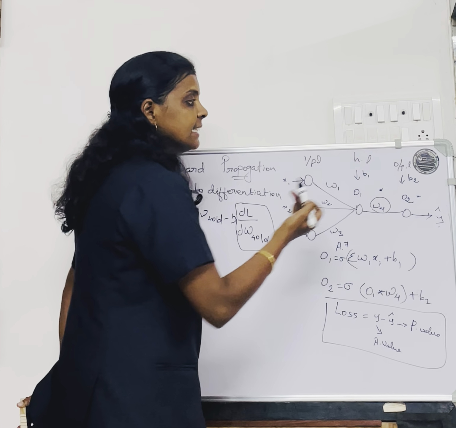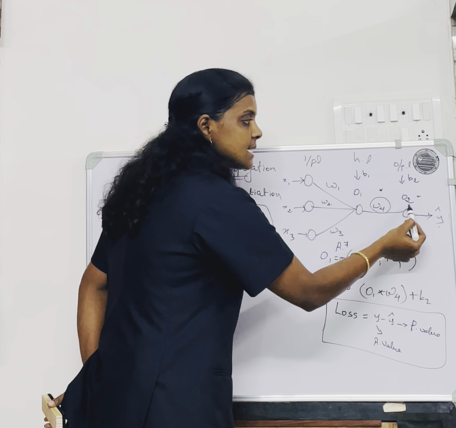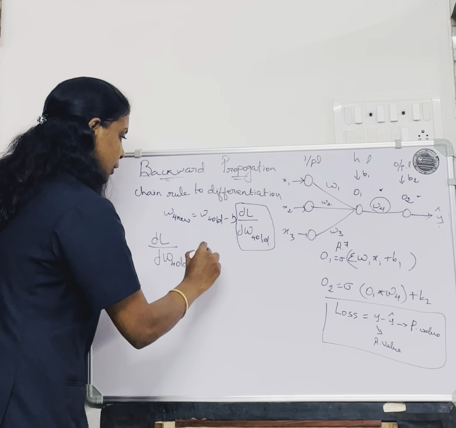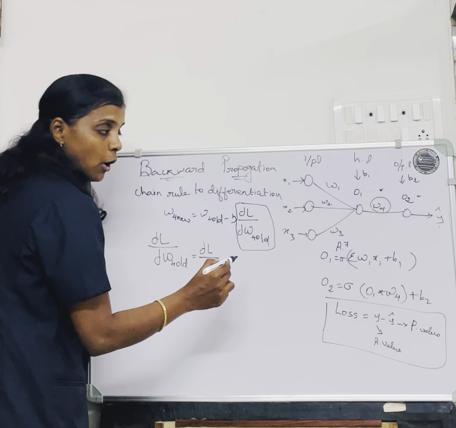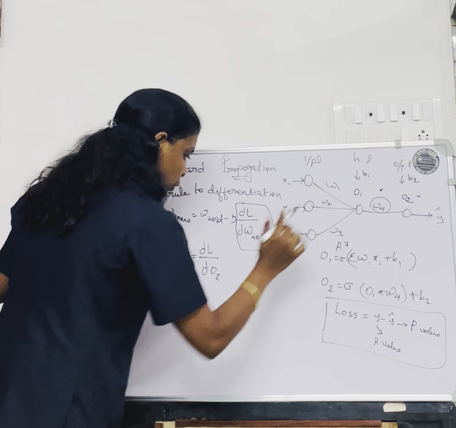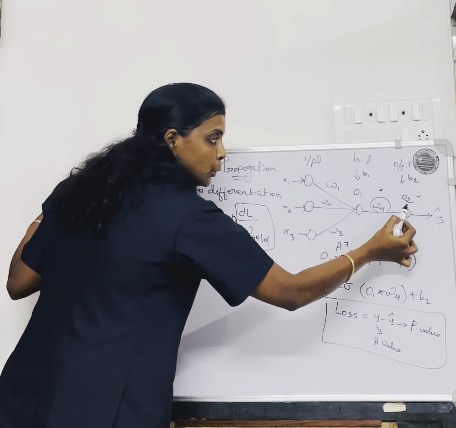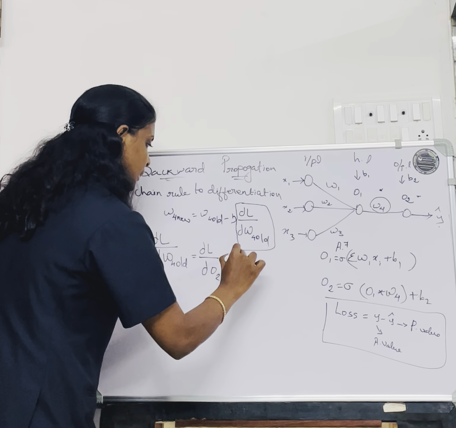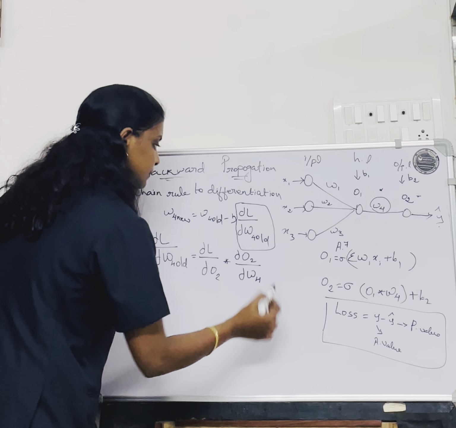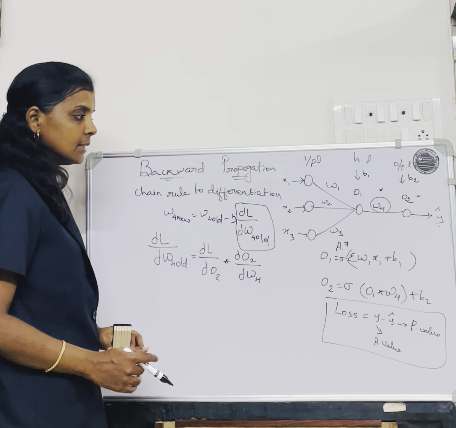So this loss will depend on this O2 and W4. So we can use the formula: derivative of loss by derivative of O2 into derivative of O2 by derivative of W4. Clear? So this is a formula.